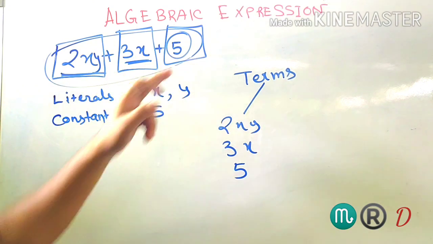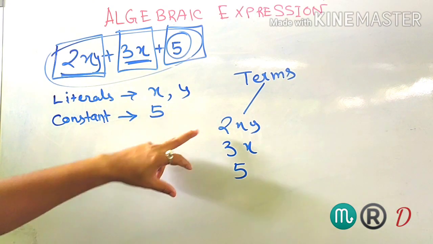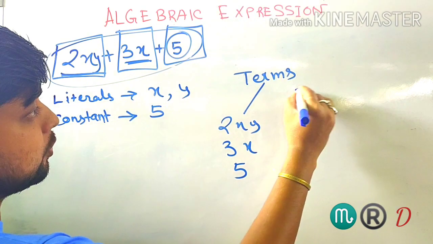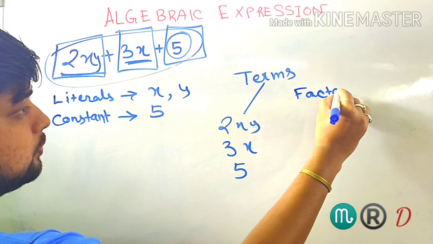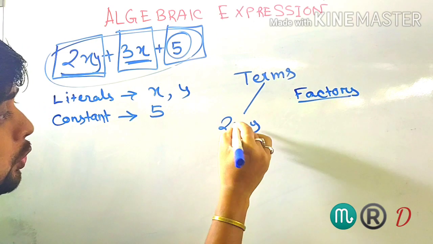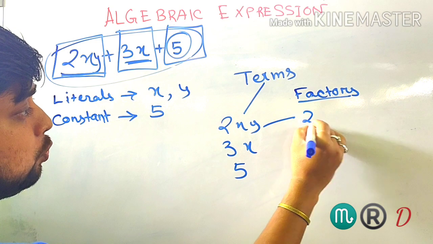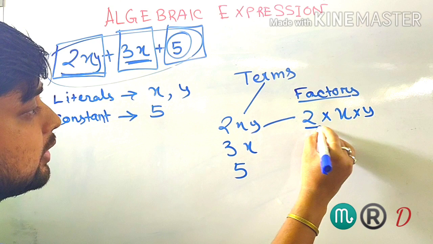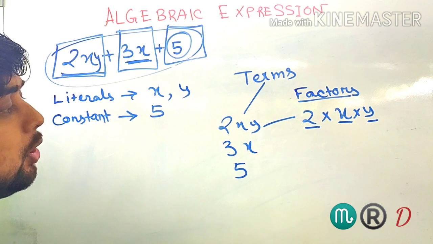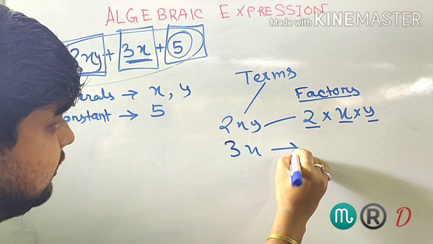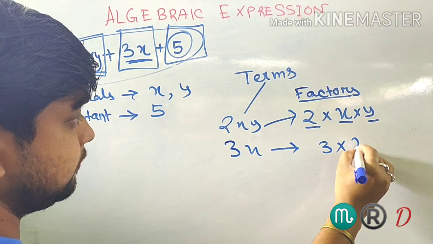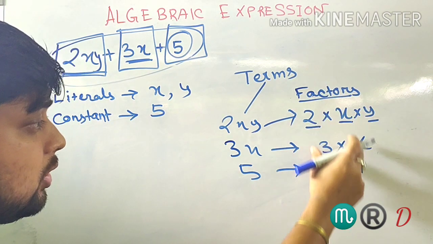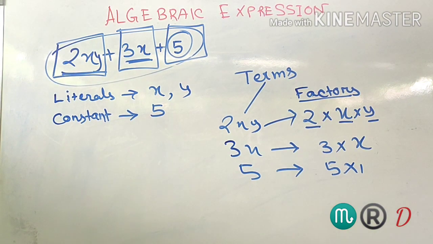Each individual part of an algebraic expression is known as a term. Next we will discuss factors of a term. 2xy means 2 into x into y, so 2, x and y are the factors of 2xy. Similarly, 3 into x, and the factors of 5 are 5 into 1. All these are the factors of the given terms.